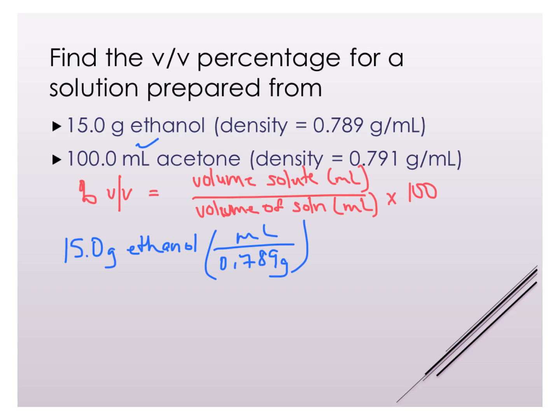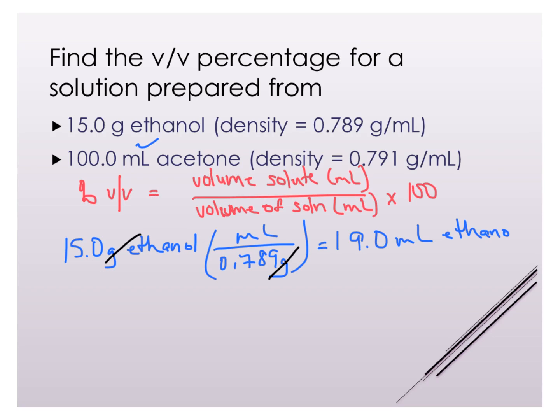And what that allows me to do is to cancel out grams with grams. And so now when I do the calculation, I end up with 15 divided by 0.789, and I get 19.0 milliliters of the ethanol.